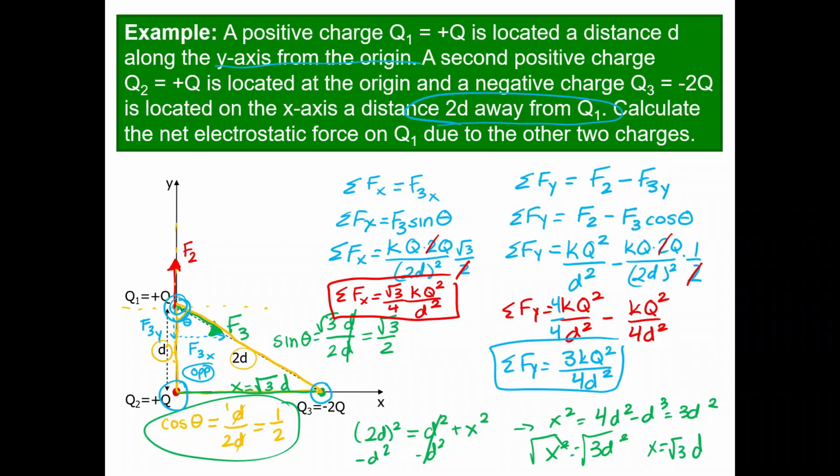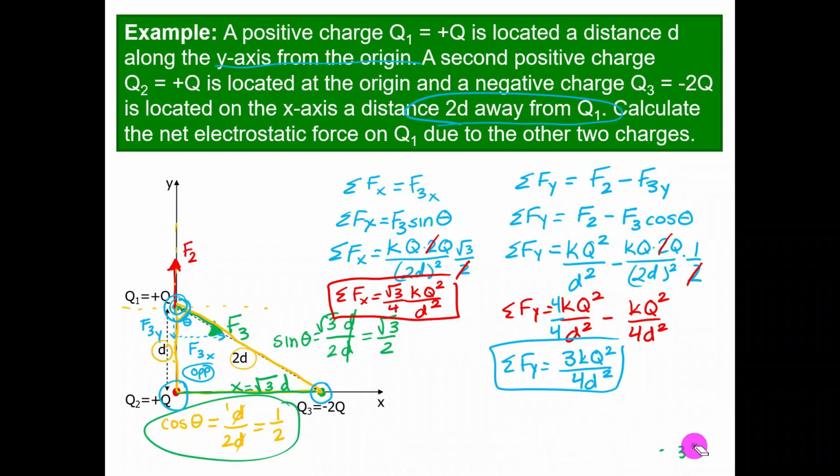If I wanted to find my actual net force, I then have to use the Pythagorean theorem to find the combined magnitude. So my net force magnitude is going to be equal to the square root of my net force in the x direction squared plus my net force in the y direction squared.